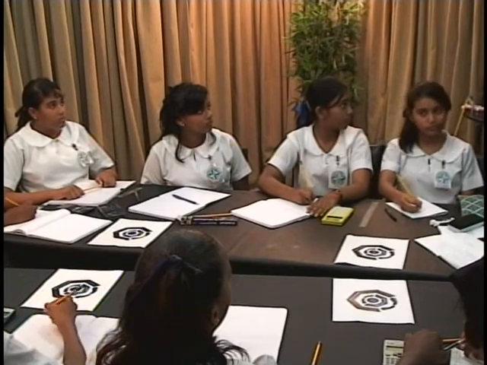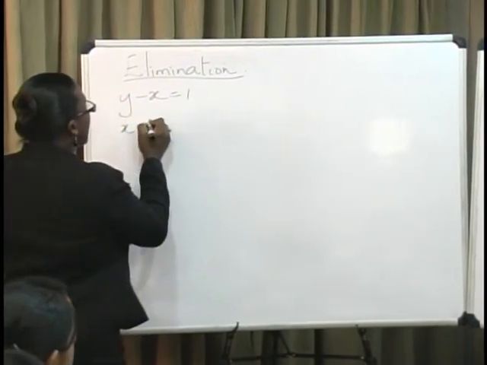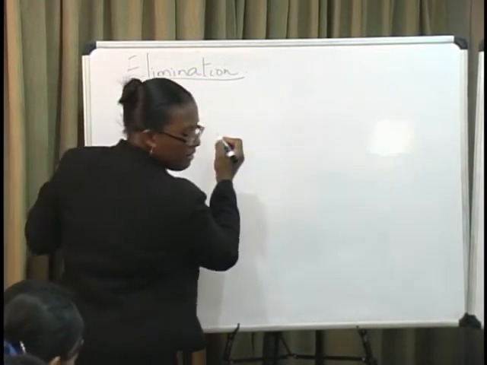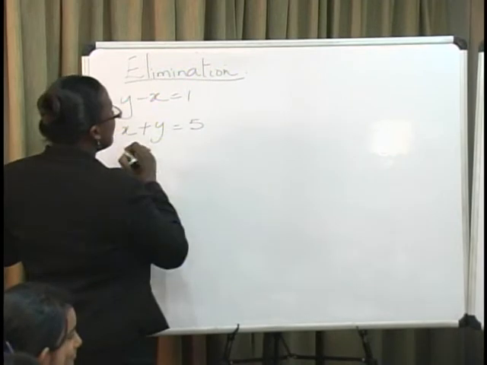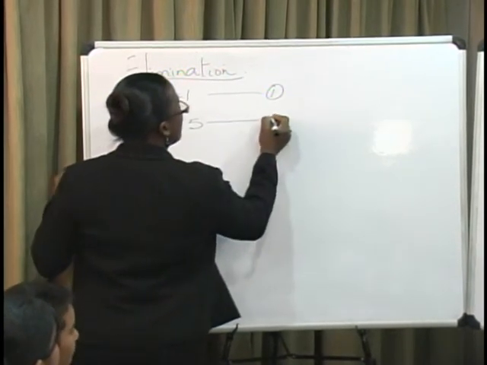Now before we can cast out or get rid of, first we have to get the equations. Now I have y take x equals 1, and I have x added to y equals 5. The first one I'm going to call equation 1, and I have equation 2.